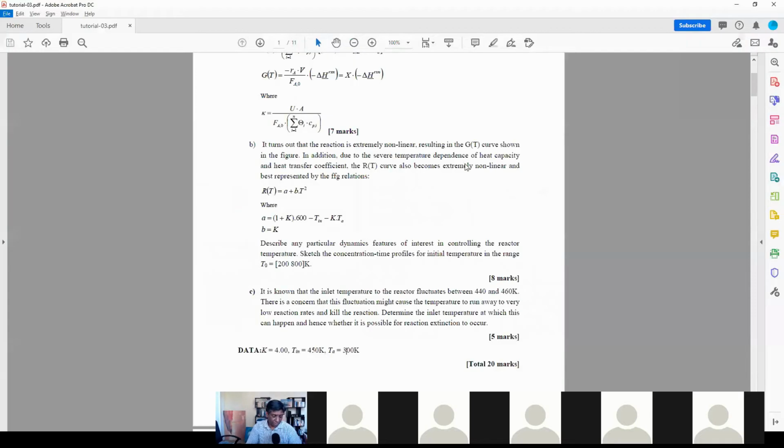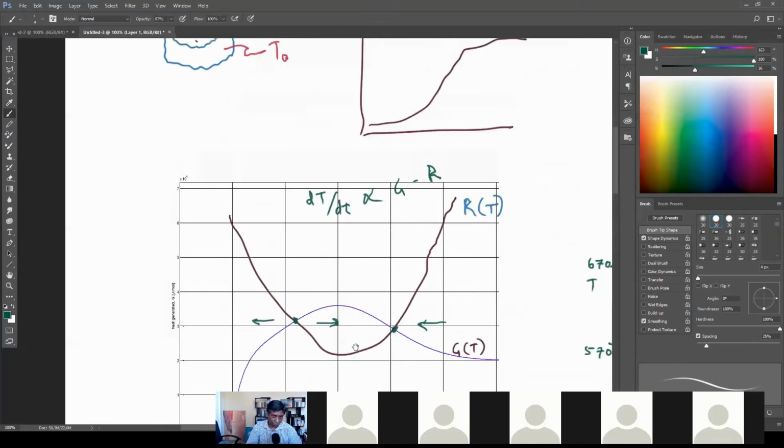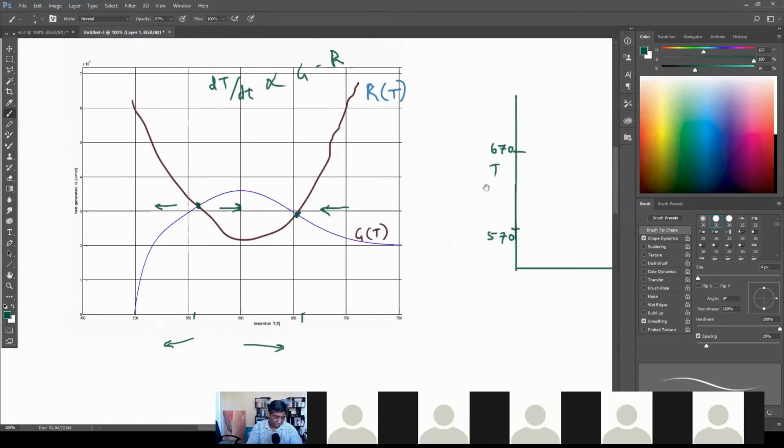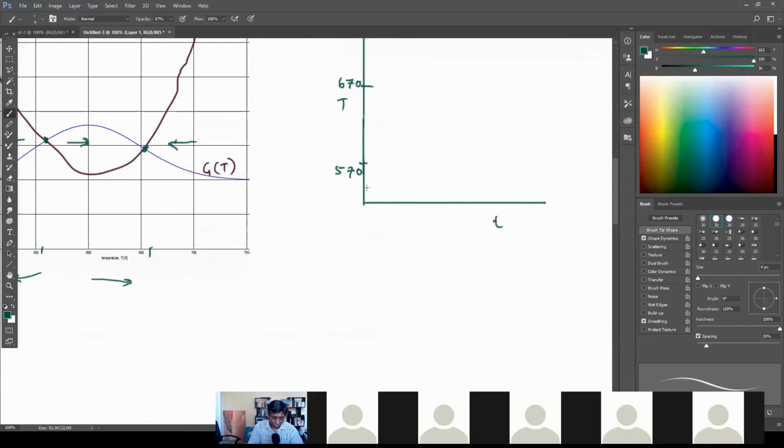So again, going back to this picture of our reactor, if we consider that we started at some different temperatures here, so we could consider that we started at 500 degrees. So the reactor was initially at 500 degrees. Then we can see if we were down here at 500 degrees, then your removal rate was greater than your generation rate. So you were always reducing in temperature. So down here at 500, your system would actually be reducing in temperature.